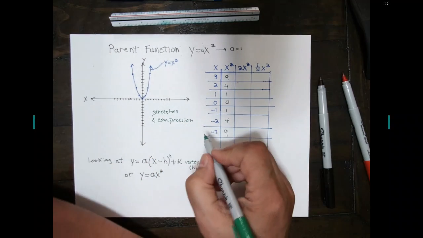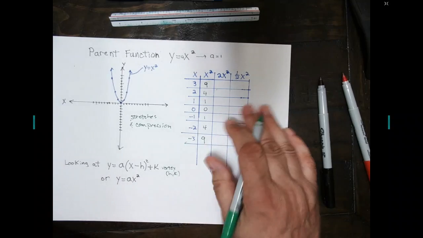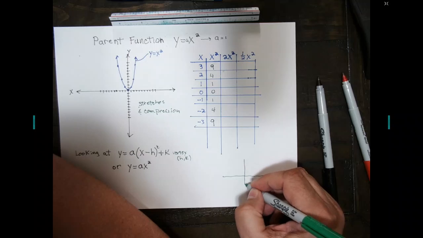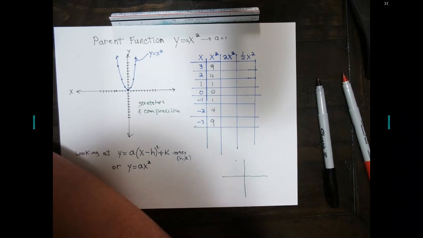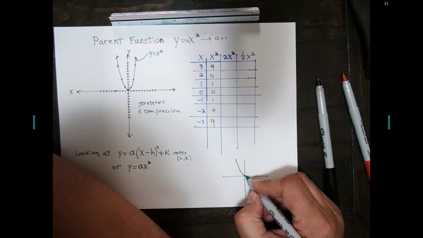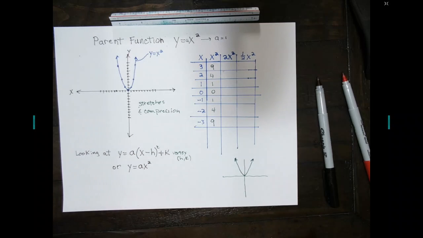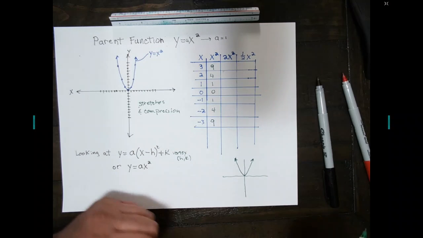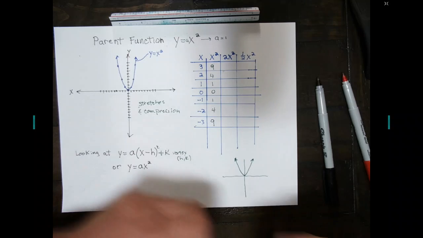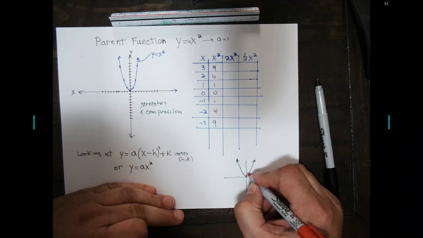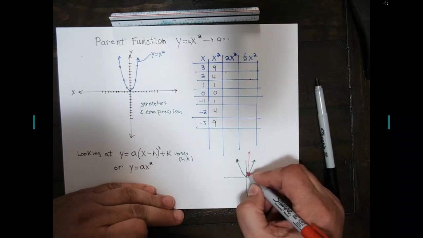What I mean about stretches and compressions is, let's say we plotted our parent function, the parabola here, and let's think of it like we're standing on a jump rope and we raise our hands up holding the two ends. If we stretch it, it gets taller and skinnier.